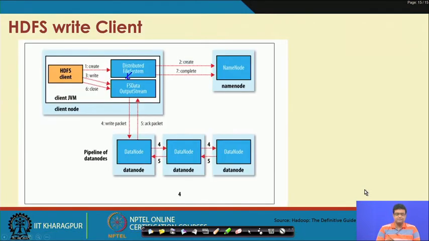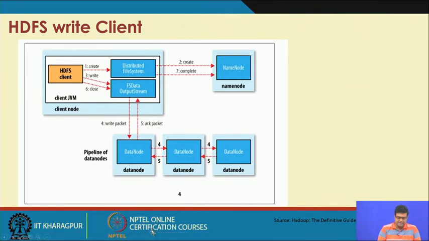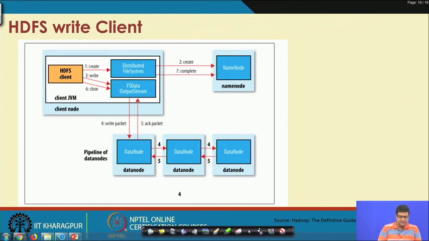Now, this is simple. On the other hand, the write operation is slightly more complicated. The reason is that when you write a new file, you can either append to an existing file or write to a new file.